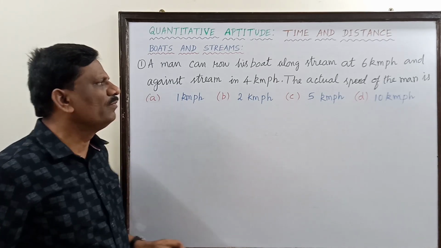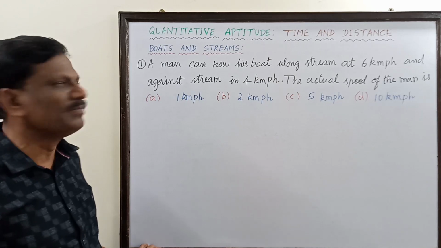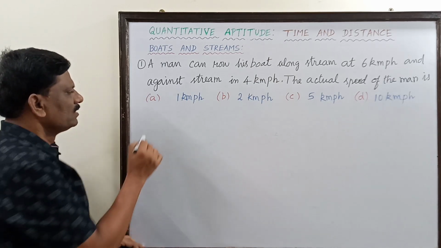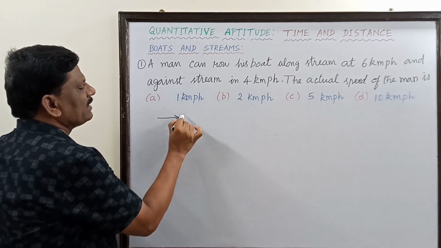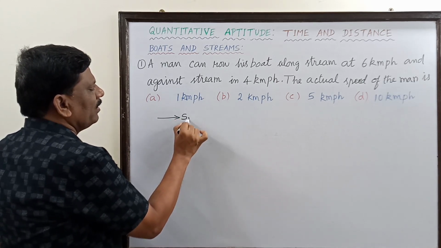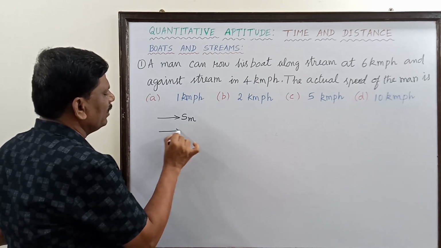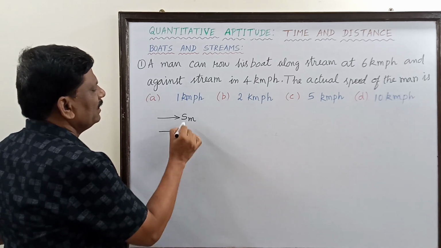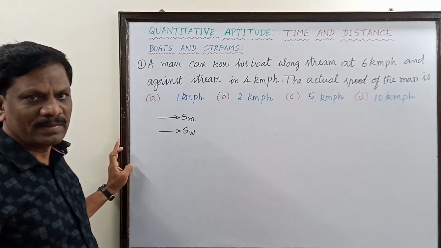So just now we have explained the concept of how to solve such problems in boats and streams. So now let us take that the man is having a speed of Sm, and let us take this as the speed of water.